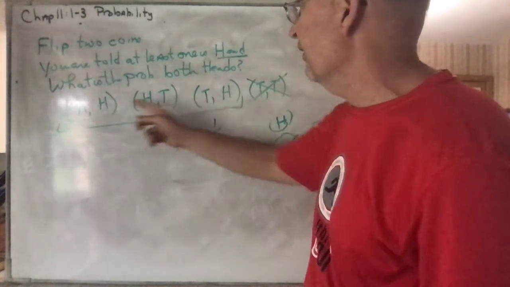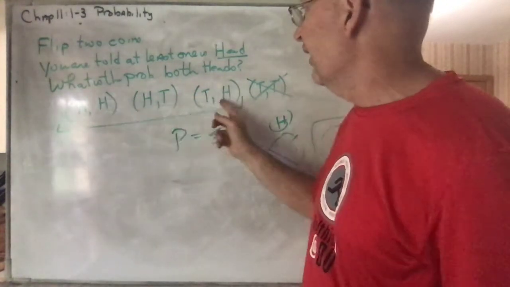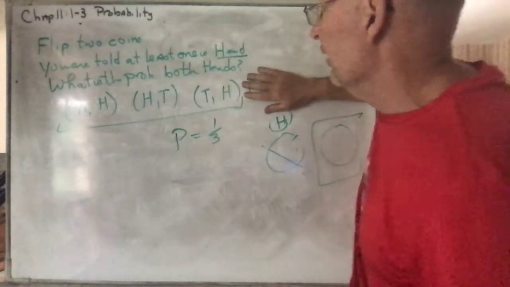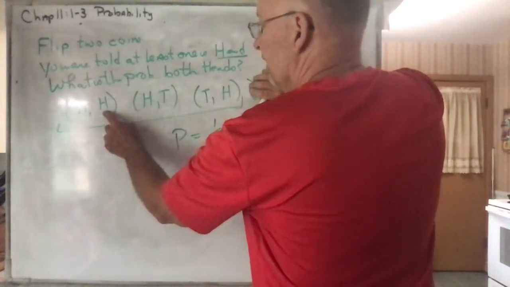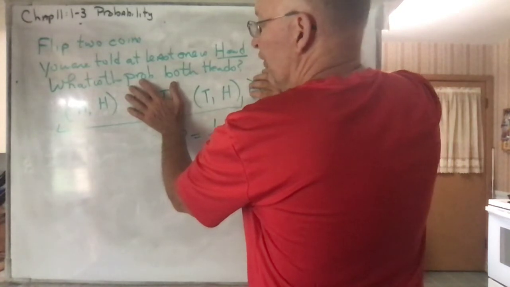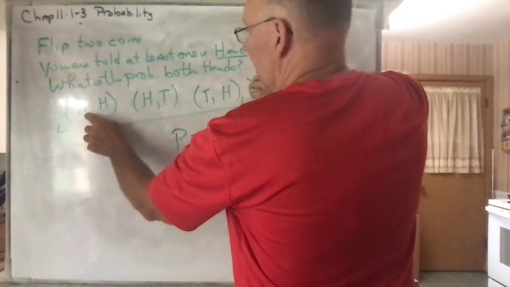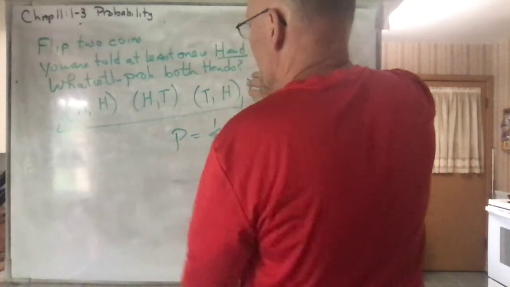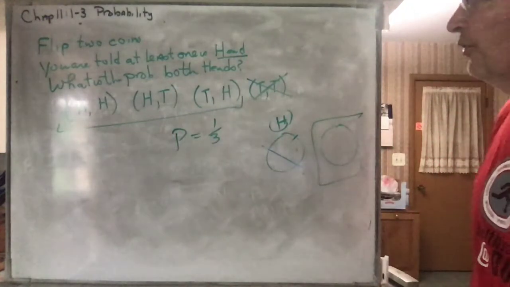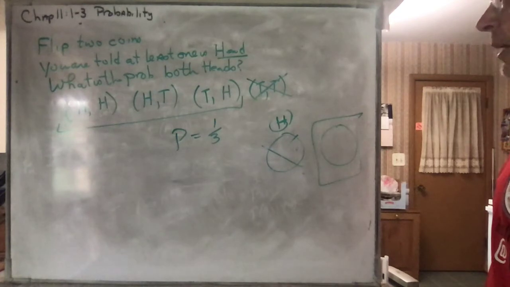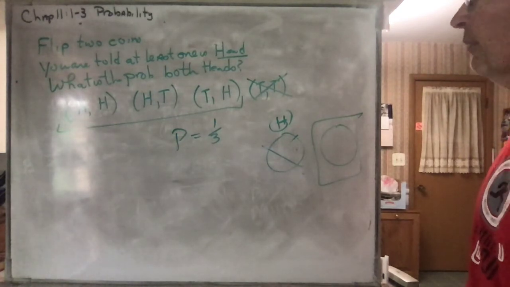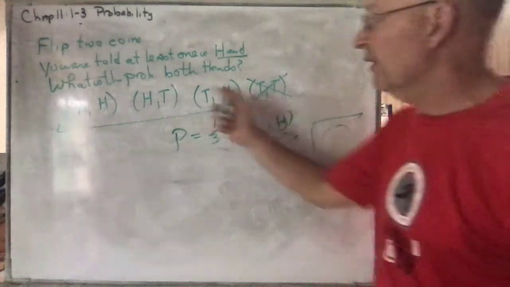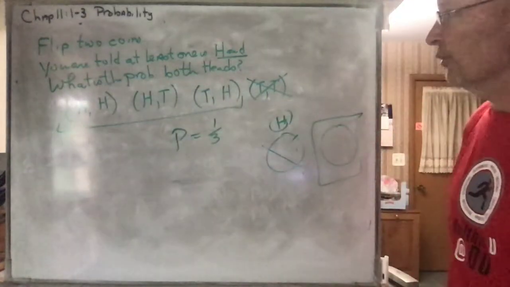So if you tell me that the quarter landed heads, then I know that it's one of those two. Neither of these are there. What are the chances that the penny landed heads? That would be 1/2, 1 out of 2. So that would be your new world. But if you just say, without me asking you, hey, one of them landed heads, then you've got 3 possibilities there, and the answer is 1/3.